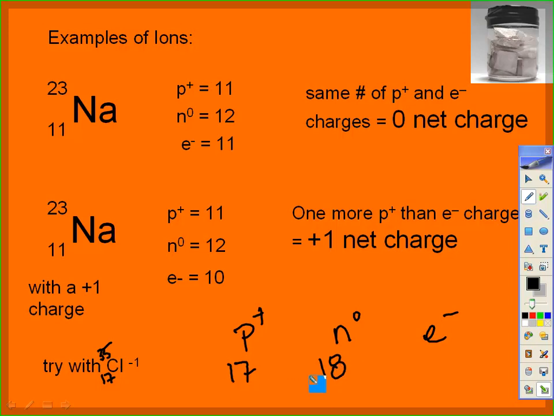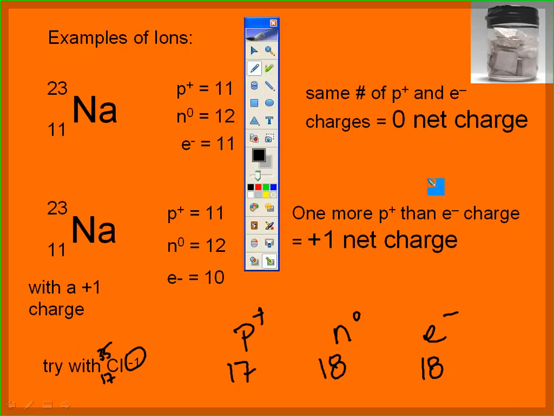So that's 17 plus 18. My electrons now, however, need to be changed. Normally it would be 17, but I've got a -1 charge. So that means I need 18 electrons, because if I have +17 and -18, one more electron gives me a -1 charge.